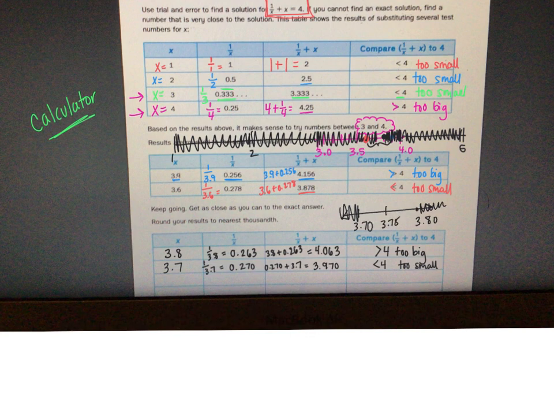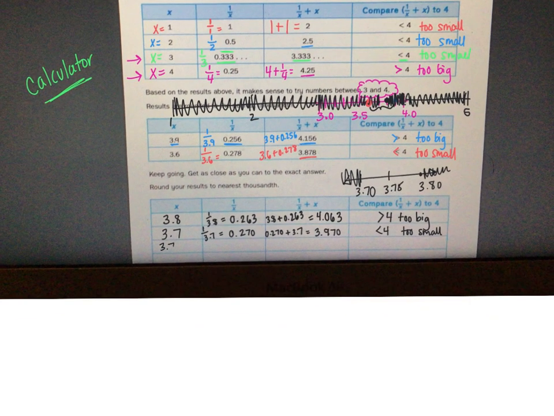So if we try one more together, I can divide 1 by 3 and 75/100, and I get 0 and 26 repeating, so 26/100 repeating. Okay, and if I take it to the nearest thousandths place, that would be a 6 and a 6, or I could round it up to 6, 7, close enough.